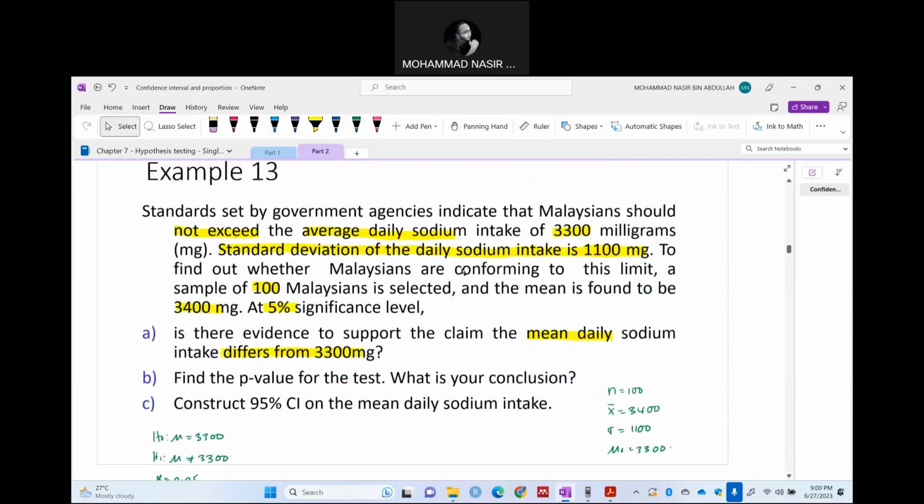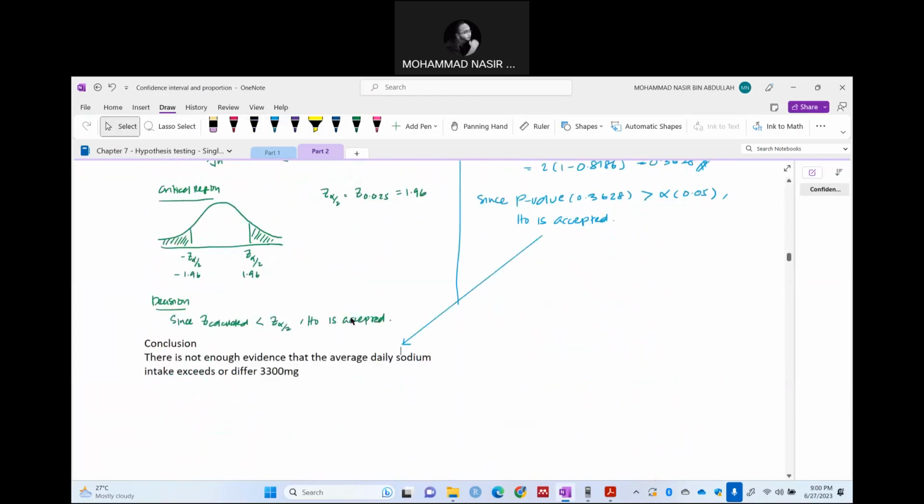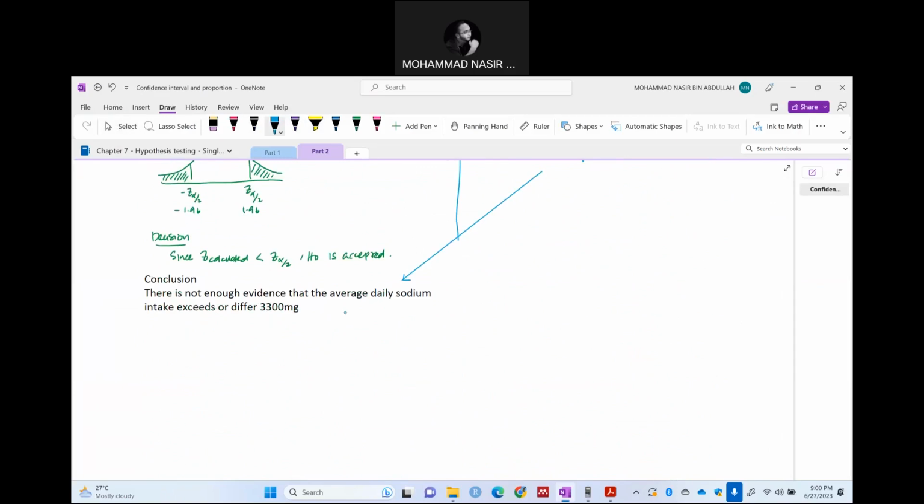Okay, the last question is we need to construct a 95% confidence interval on the mean daily sodium intake. So since the population variance is known, so sigma is equal to how much? 1100. n equal to 100, x bar equal to 3400, right?